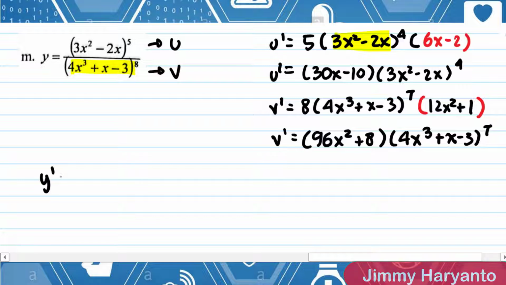Okay, so the differentiation will be u accent v minus u v accent over v squared.